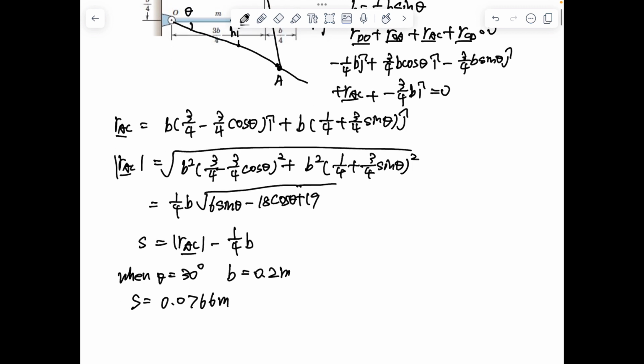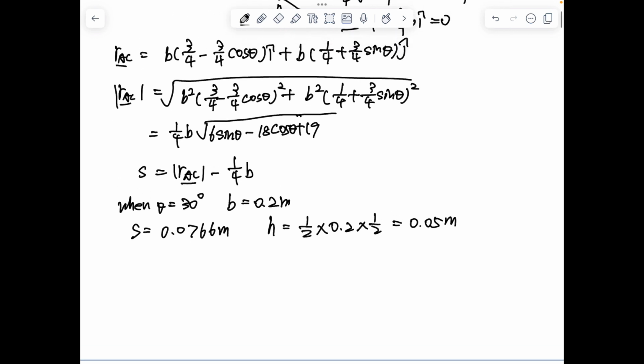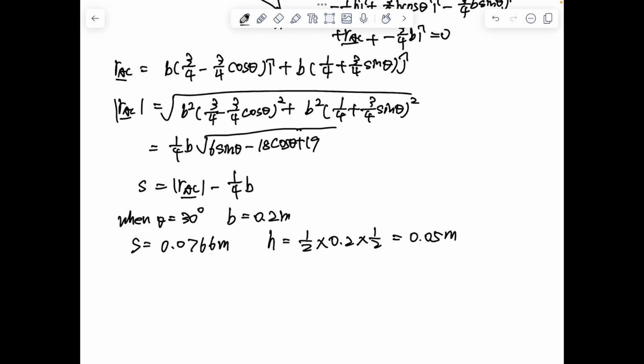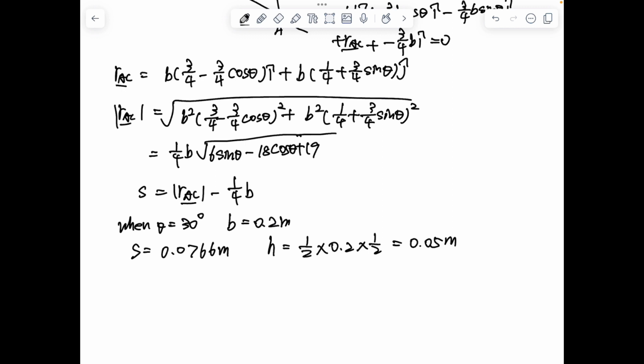And H is equal to 1 over 2 times 0.2 times 1 over 2. This is 0.05 meter. If we put S and H back into our equation, we will have m is equal to k s squared over 2gh. This is equal to 1.197 kilograms.